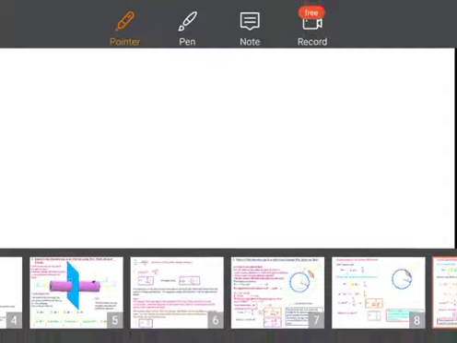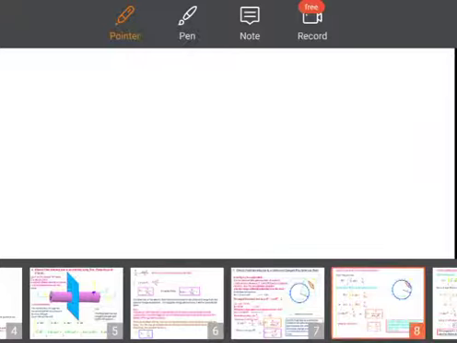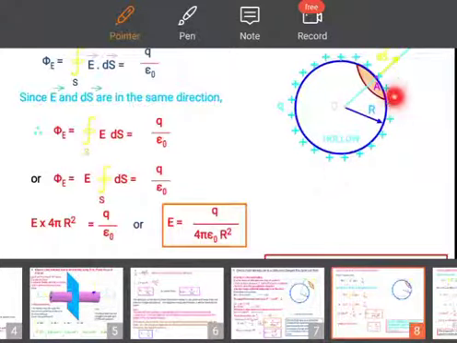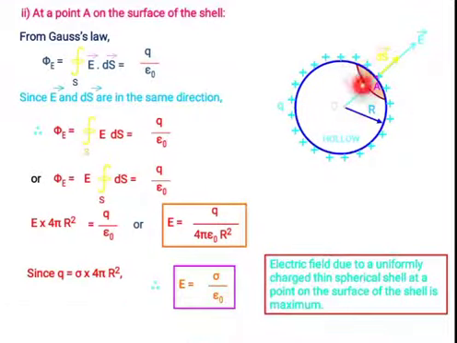So this is the result if the point is on the surface of the shell. Suppose we consider a point inside the shell, which is of course hollow. You know that the charge inside the shell or the conductor is 0.